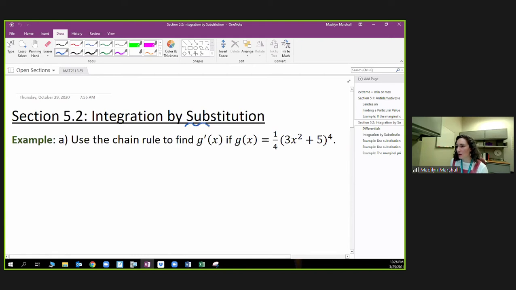We're going to talk about what this means in a little bit, but substitution is also known as U substitution, which I will probably say sometimes. And we'll find out why it's called that in a little bit.